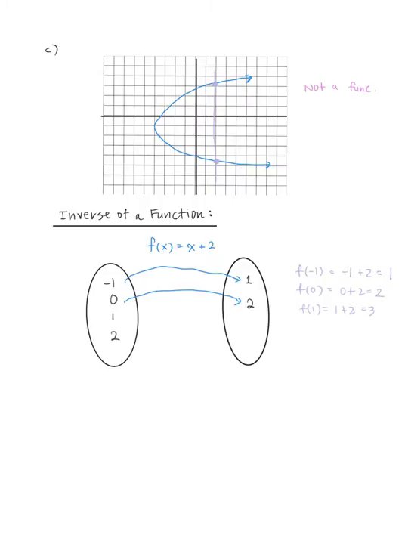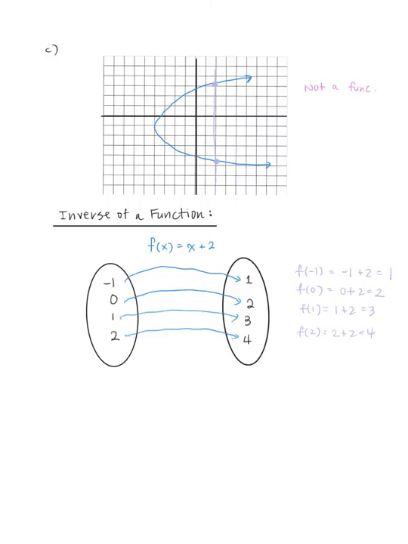Let's go one more. When x is 2, we're going to get 4. So 2 is going to go to 4. So this is clearly a one-to-one function.